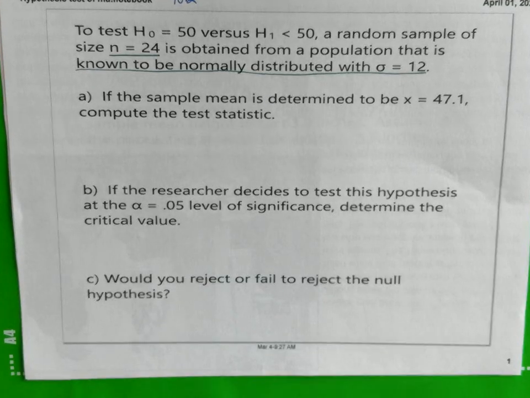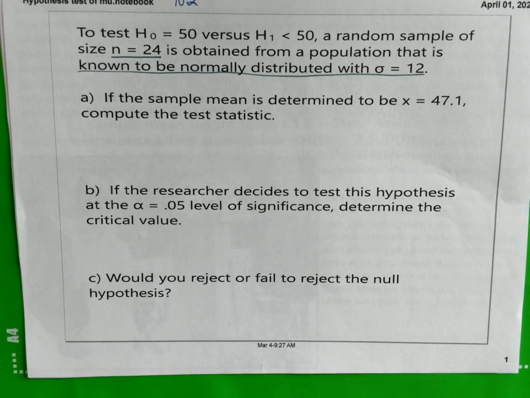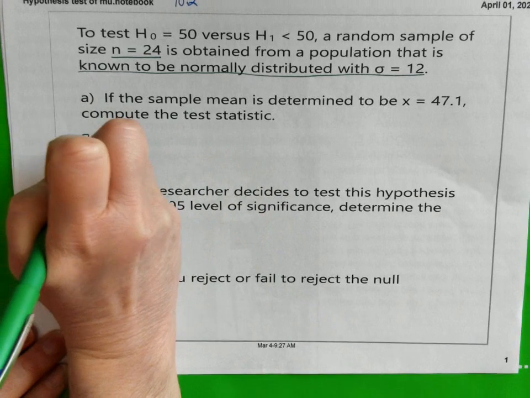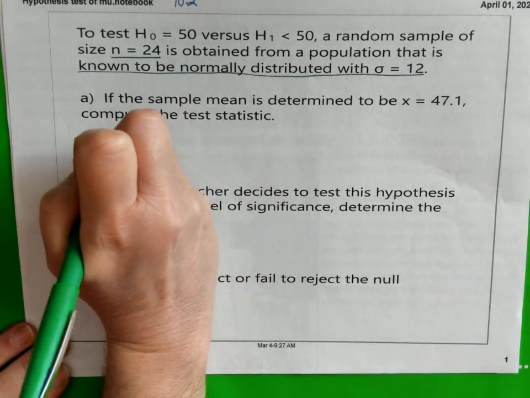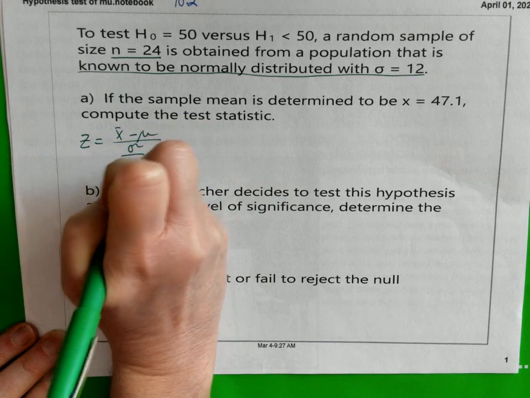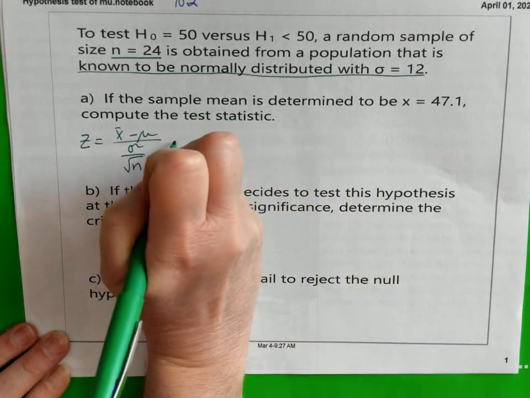Okay. If the sample mean is determined to be 47.1, compute the test statistic. Okay, remember our formula. Z is equal to x bar minus mu over sigma divided by the square root of n.